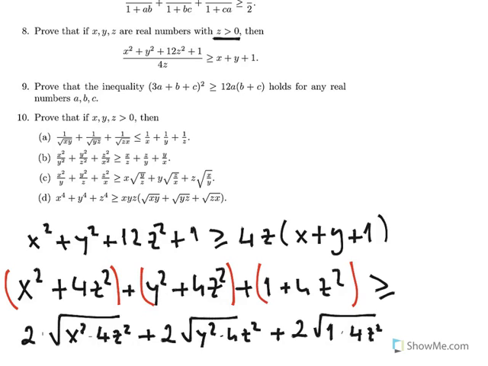Well, this actually gives the right hand side. So the left hand side is greater than or equal to the right hand side, and we are done.